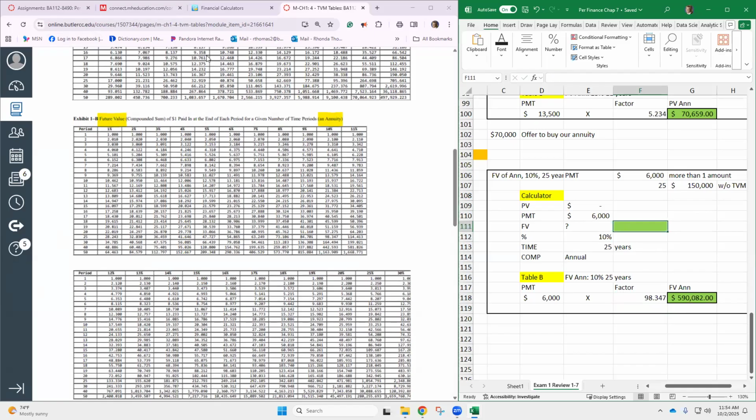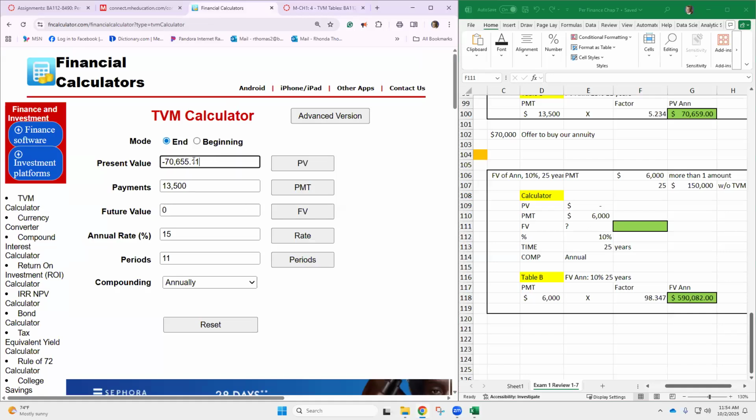Hopefully I'll get an answer close to that. Okay, present value is 0. Additional 6,000 a year for that master's degree. 10% for 25 years. Yep, 590,000. So either one of those should work, off just a few cents.